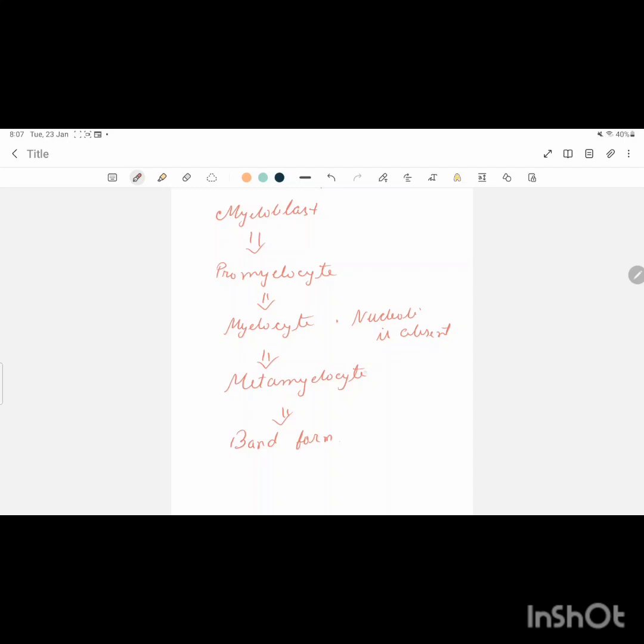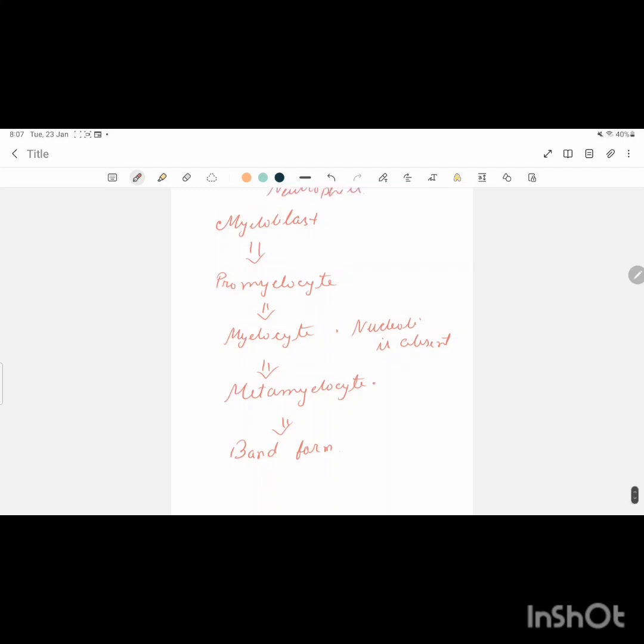In the metamyelocytic stage there is no mitosis. So from myeloblast up to myelocyte, this is called the mitotic pool.